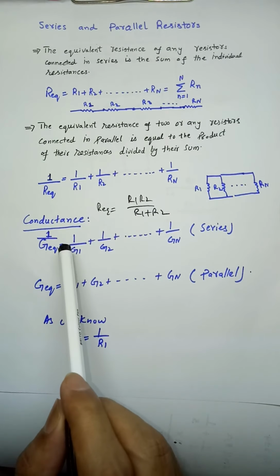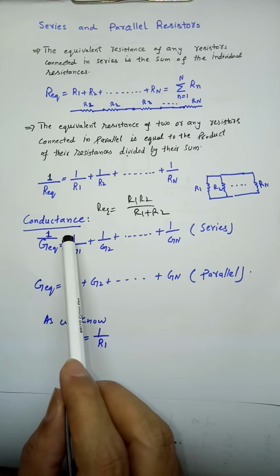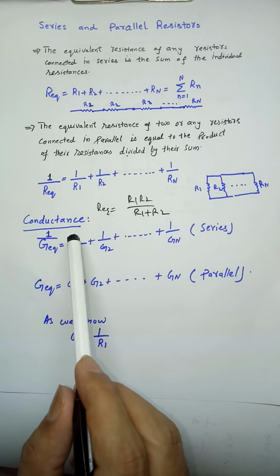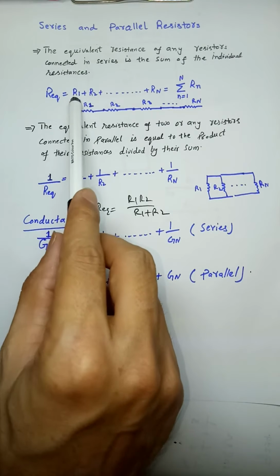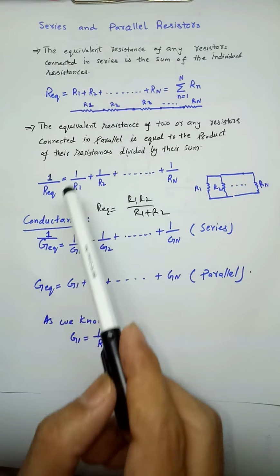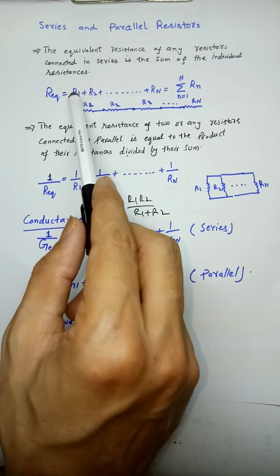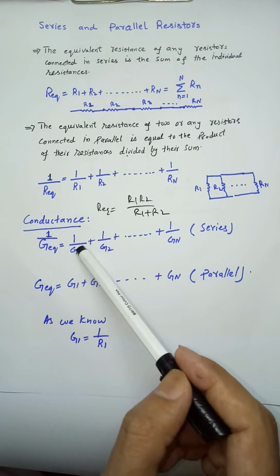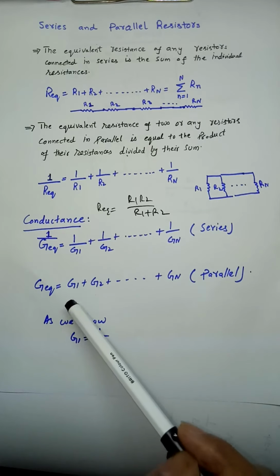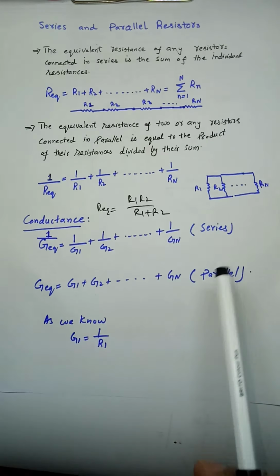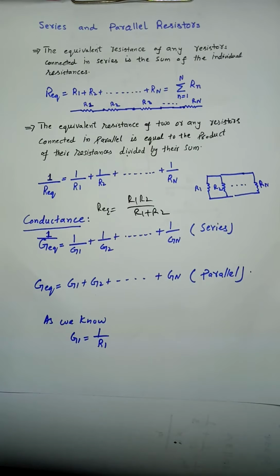Conductance is the reciprocal of resistance. So you can take the reciprocal here. R equivalent is equal to R1 plus R2 in series, and in parallel, the reciprocal gives 1 over G1 plus 1 over G2 and so on. And in series you can write G1 plus G2 and so on. As we know, G1 is equal to 1 over R1.